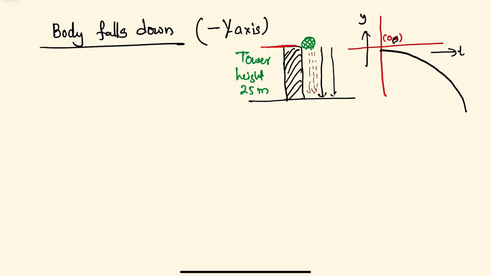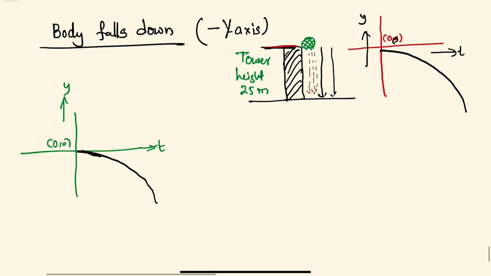Once again I am writing here, don't be confused with that. Initially, if you consider this as origin, the displacement covered by the body is 0, even though it is at the height of the tower. Slowly the displacement along the negative y direction increases as it approaches the ground.